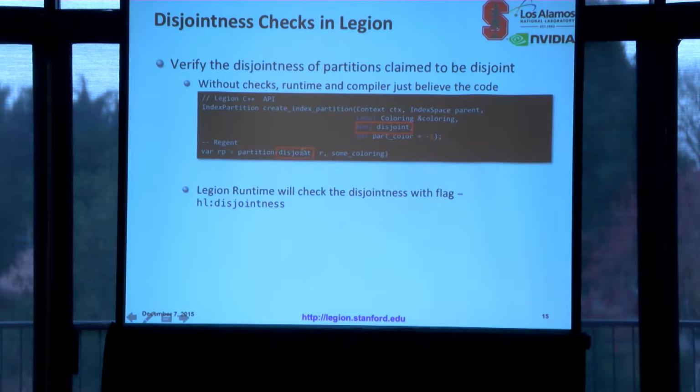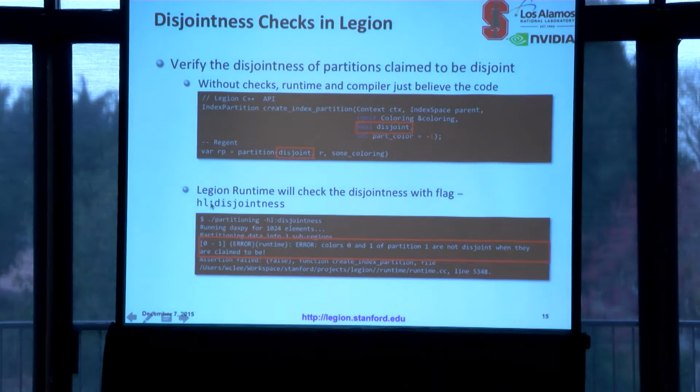And also in Regent, you can pass the keyword disjoint for a partition. But there's no way to statically check, without the DPL language that Sean talked about, whether the partition is actually disjoint or not. So we add a runtime check for disjointness of partitions. So when you pass -hl:disjointness, then it will give you information about whether you violated the disjointness condition.